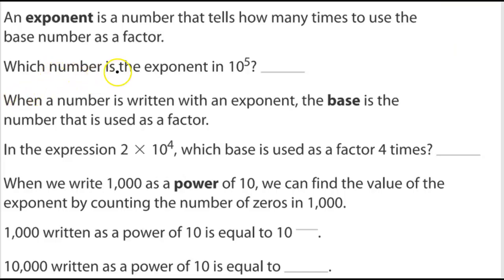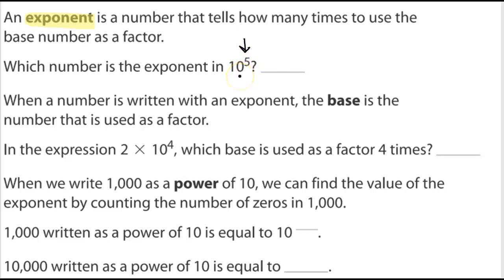All right, so first off, an exponent is a number that tells how many times to use the base number as a factor. So basically what that means is that an exponent tells you how many times to multiply the base number. We talked today about what a base number is, and so if you look down at the second sentence here, it says, which number is the exponent in 10 to the 5th power? Well, we talked about that 5 right there.